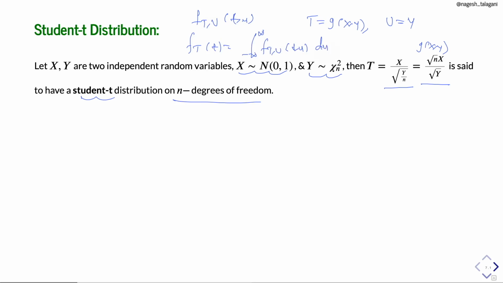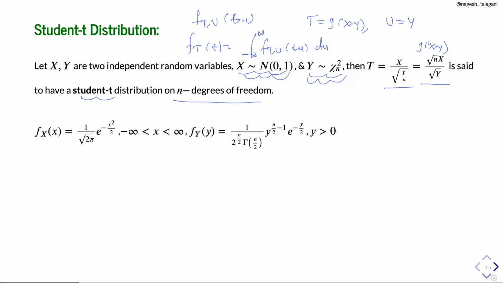First of all, we need a joint PDF of X, Y. Here X is a standard normal random variable, Y is a chi-square random variable on n degrees of freedom. So the PDF of X is going to be f_X of x equal to 1 by root 2 pi e power minus x square by 2 for minus infinity less than x less than infinity, and the PDF of Y, f_Y of y, equal to 1 by 2 to the power of n by 2 gamma n by 2 times y to the power of n by 2 minus 1 e power minus y by 2 for y positive, 0 otherwise.